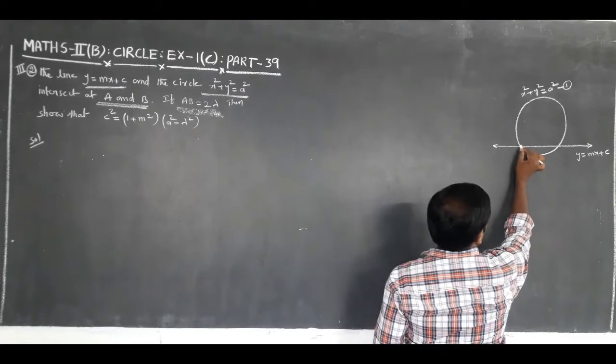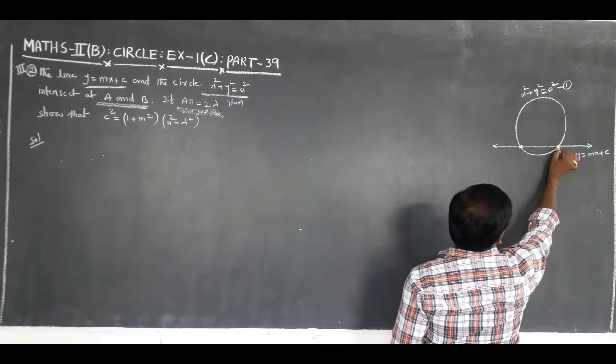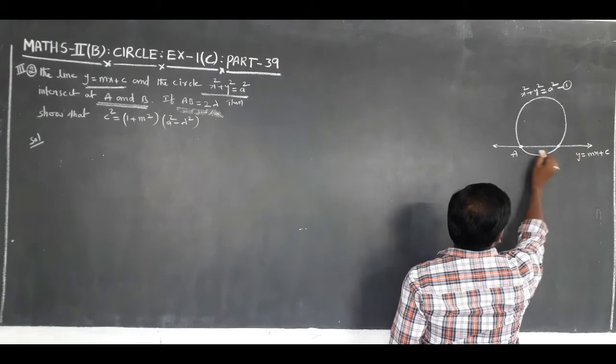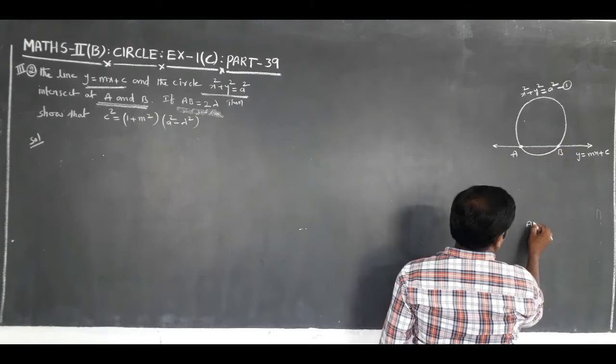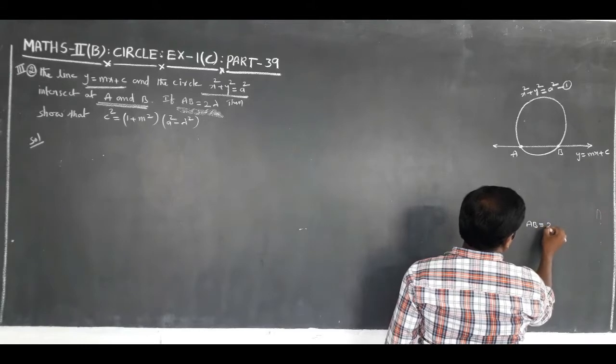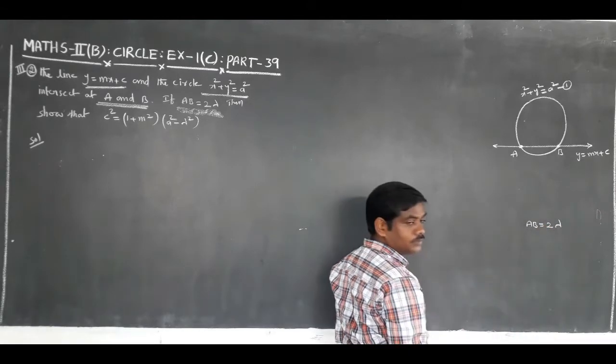The line intersects the circle at capital A and capital B. Again, here AB is equal to 2 lambda.